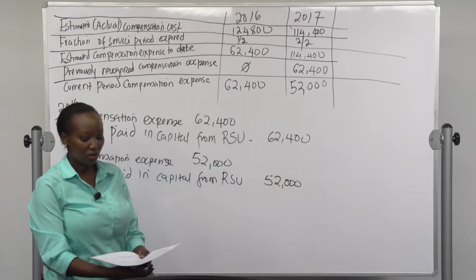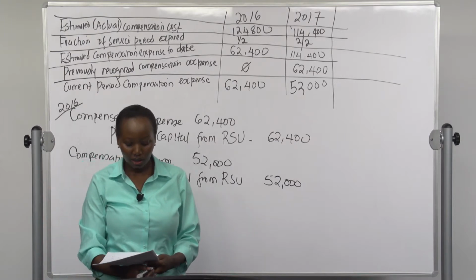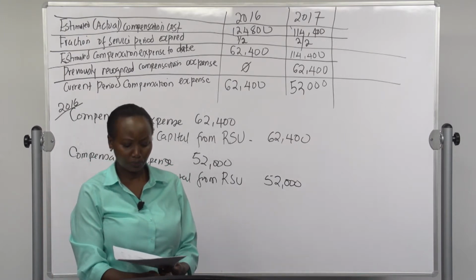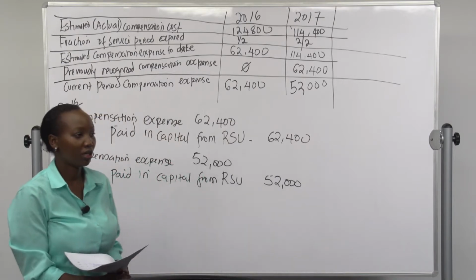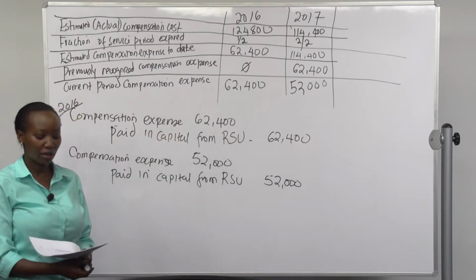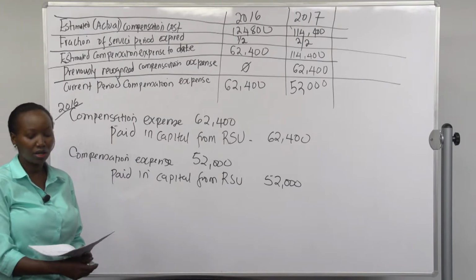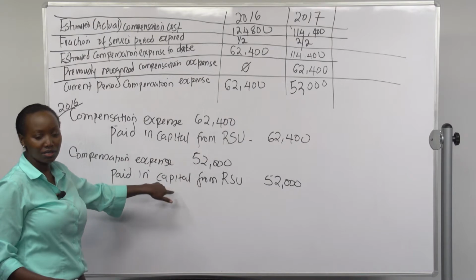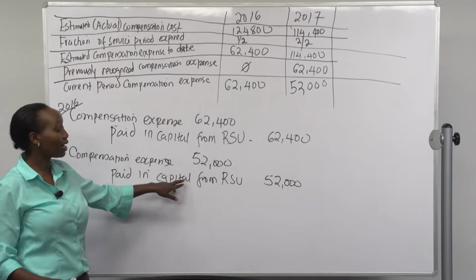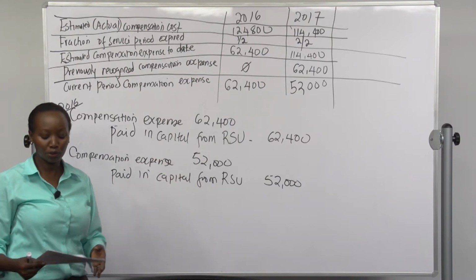Now, in addition to recording compensation at the end of 2017, these shares now belong to the employees. So we need to record the fact that we will no longer have this, and classify it to the normal capital section.